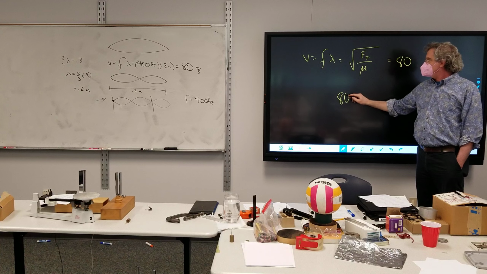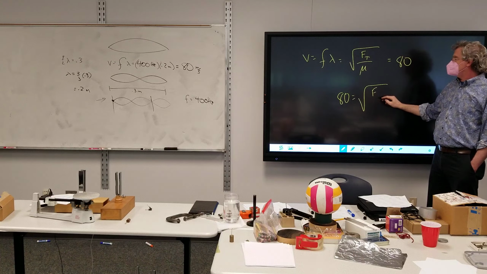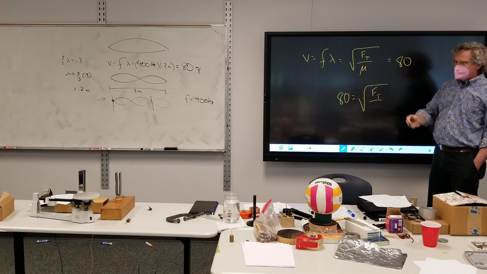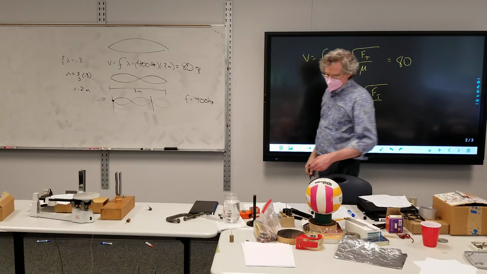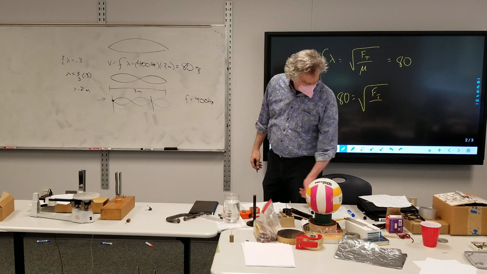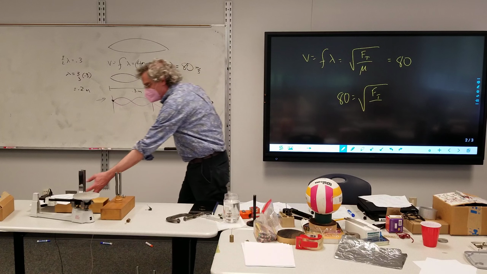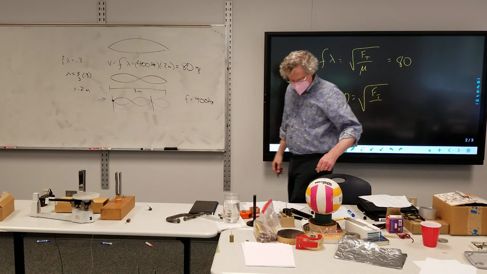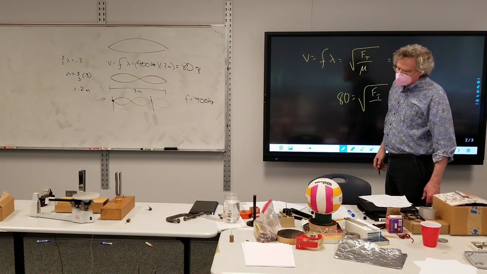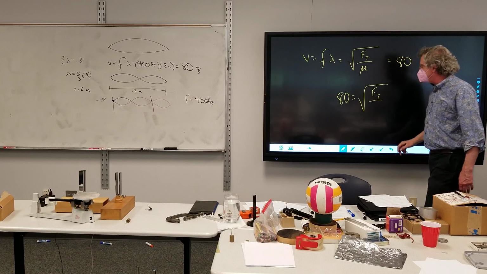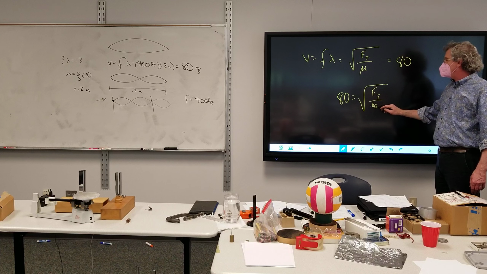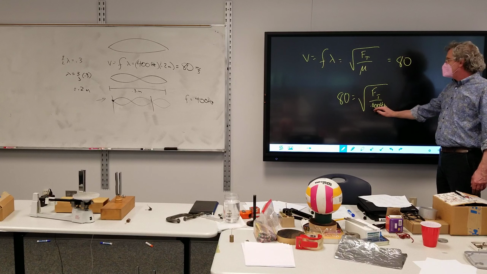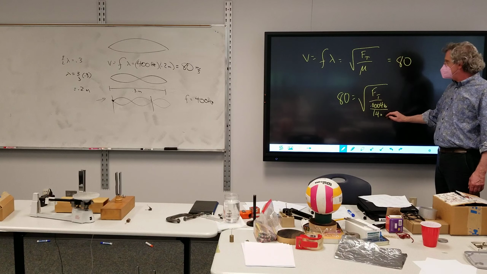So 80 is equal to the square root of the tension, which is what we're trying to find, over that. The information I give is 0.4 grams, 1.4 meters, so 0.0004 kilograms over 1.4 meters. And solve for tension.